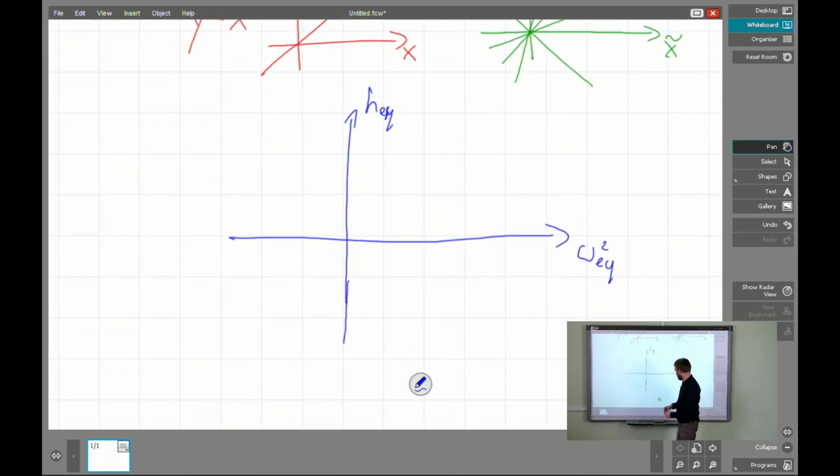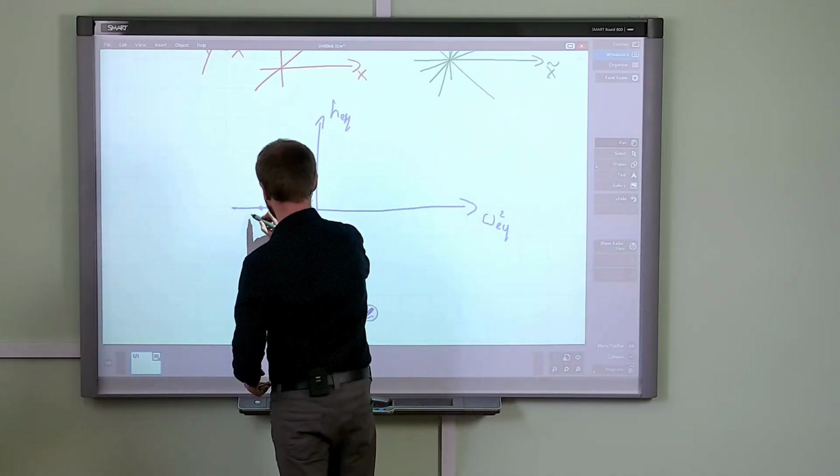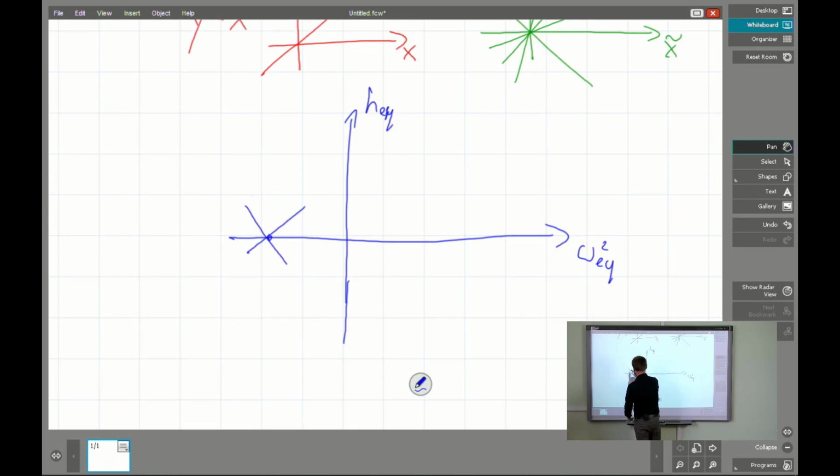Due to our consideration, we know that for the negative equivalent omega square, we have saddle points. It will be such a thing, and it's an unstable system. Then, I mean, saddle point.